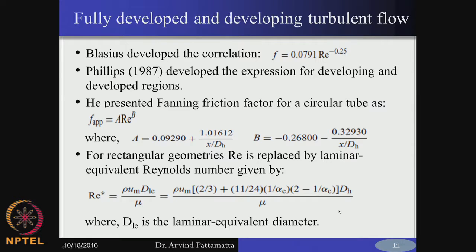If you are estimating the overall friction factor for the entire length of the tube, substitute x equal to L and you get a fixed value, assuming that you have turbulent flow throughout the tube. So, this accounts for both the developing and developed regions of the turbulent flow. These are the two common methods for estimating the F apparent.